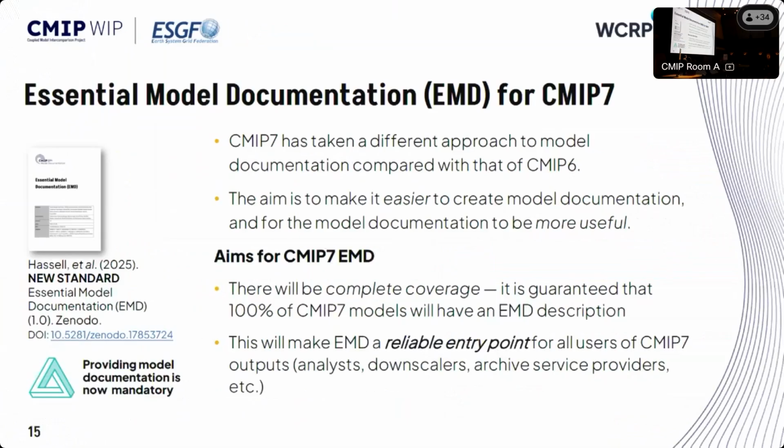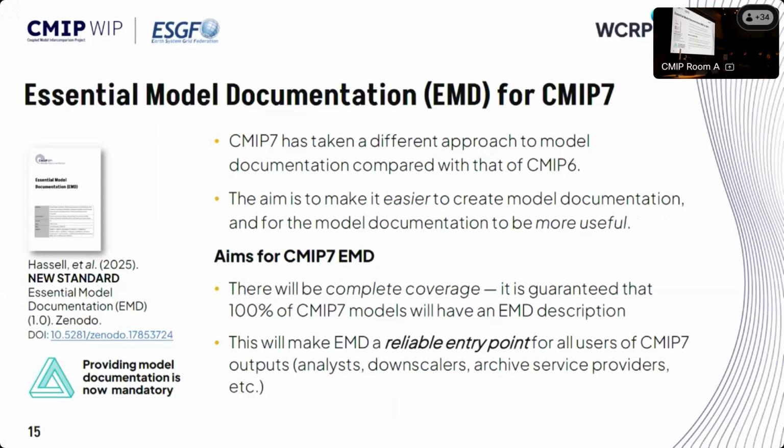So EMD is essential model documentation, and it's information about the models that are contributing data to CMIP. We've taken a different approach to model documentation in CMIP7 compared to that with CMIP6. Our ambition is to make it much easier to create the model documentation, and for that model documentation to be more useful, it needs to have been captured across the board for all of the models.